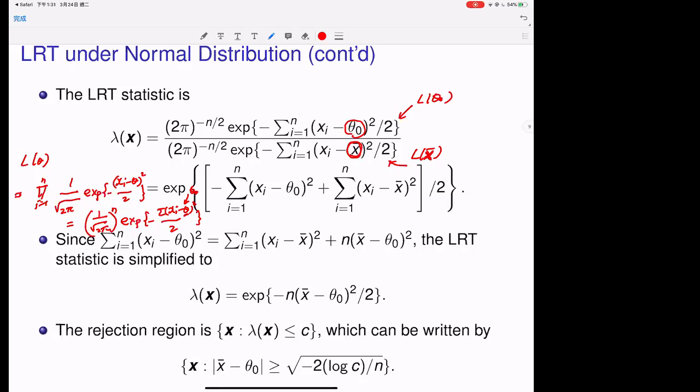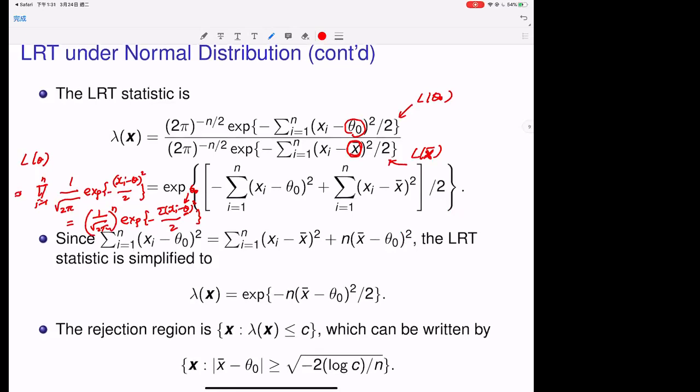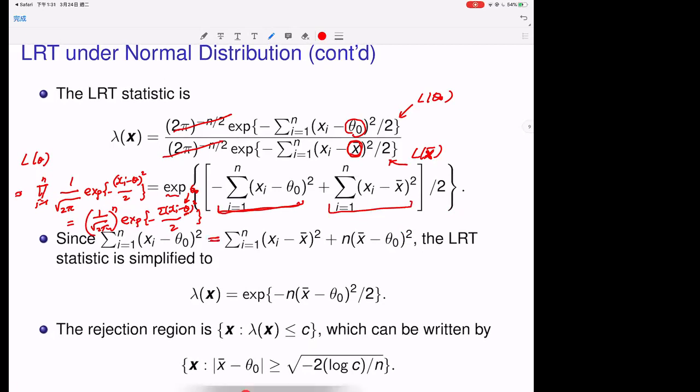You do that, and you can see these two guys cancel out, and then you have the exponential with this guy from the numerator and this guy from the denominator. Since you have this equation right here, it is also easy to show.